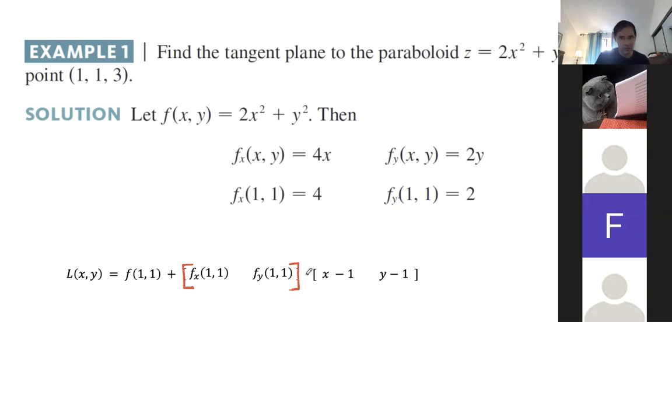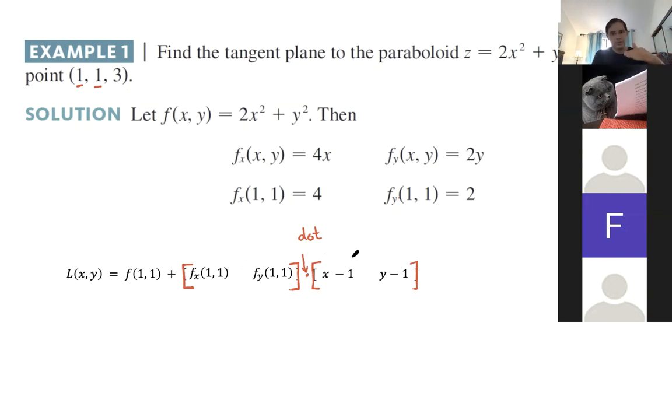This is one vector, and this is the dot product. The other vector is x minus x0, so x minus 1, and then y minus y0, so y minus 1. This is the dot product of two vectors, so we know how to multiply two vectors.